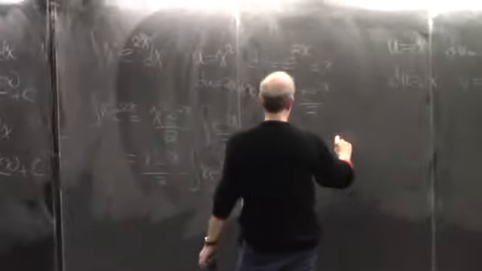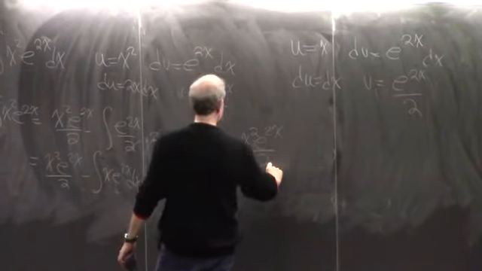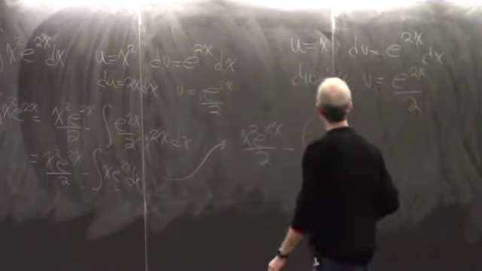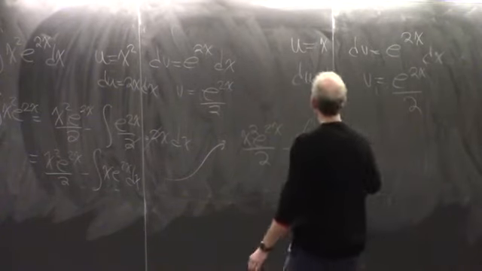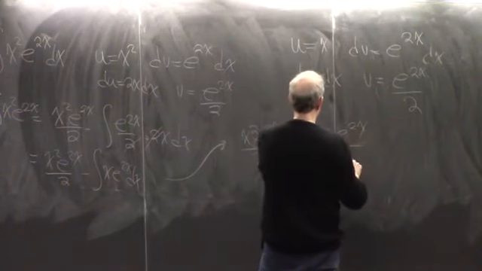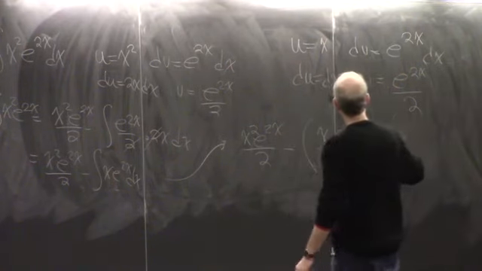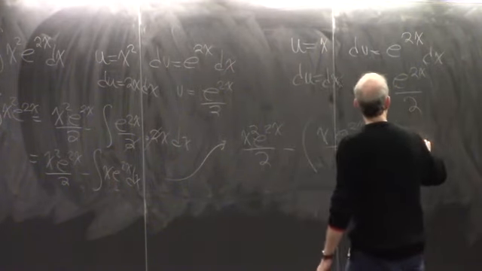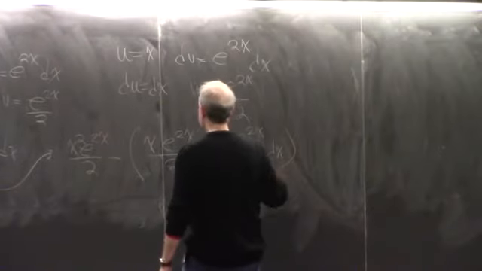So this now becomes x squared e to the 2x over 2 minus, be very careful about minus signs. Very easy to mess them up. U times v, which is x e to the 2x over 2, minus the integral of e to the 2x over 2 dx.